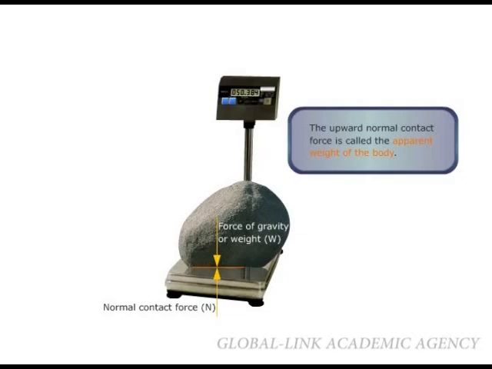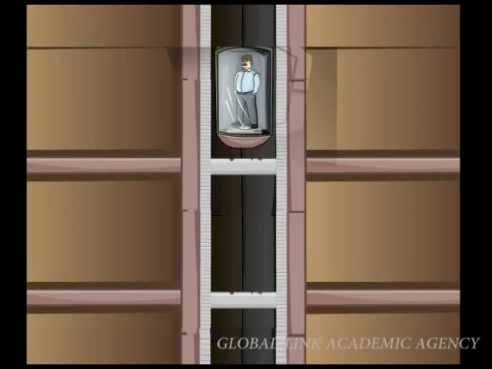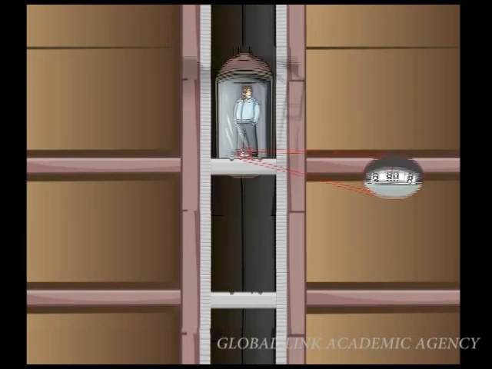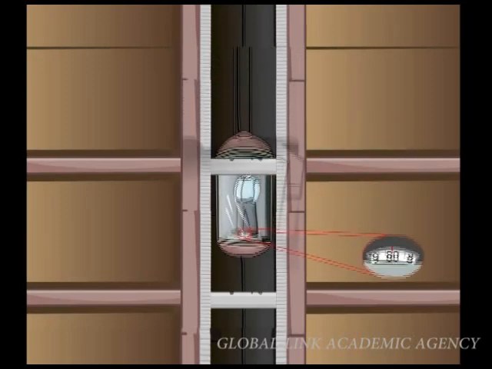To understand the concept of apparent weight, let's imagine a person standing on a weighing machine placed on the floor of an elevator. Observe the position of the pointer of the weighing machine when the elevator is at rest. When the elevator moves downwards with a constant acceleration.